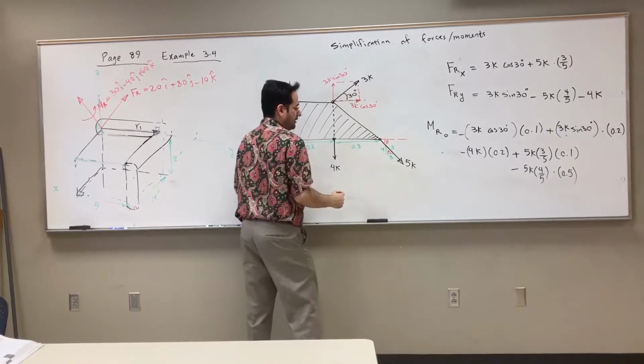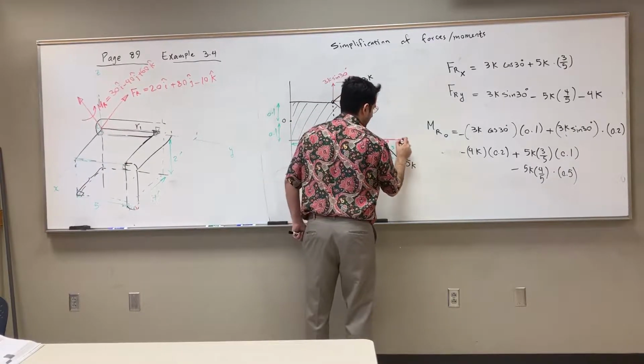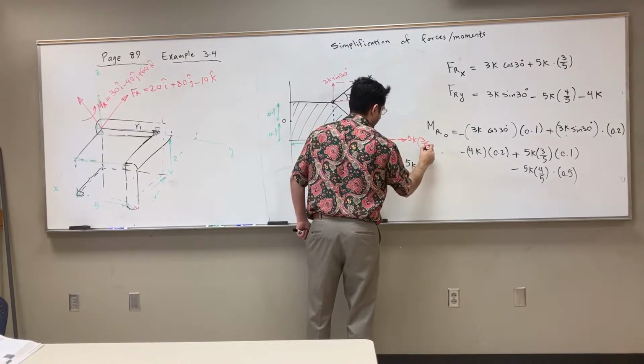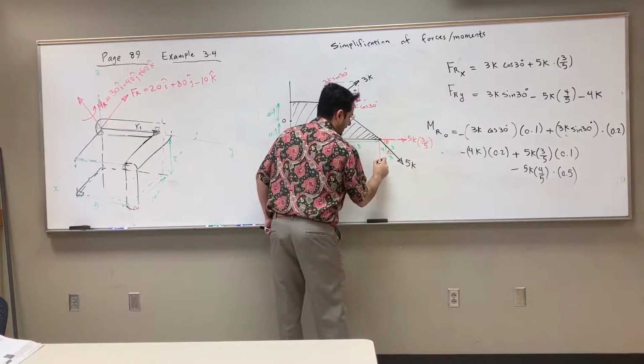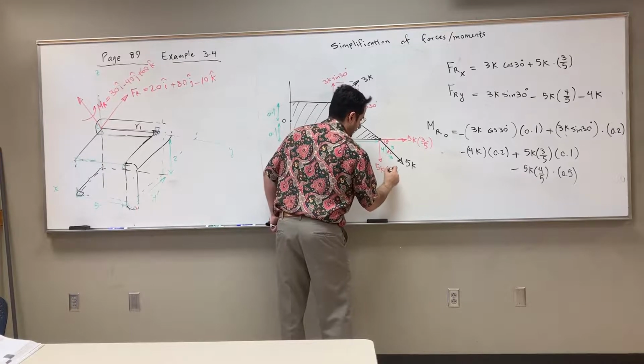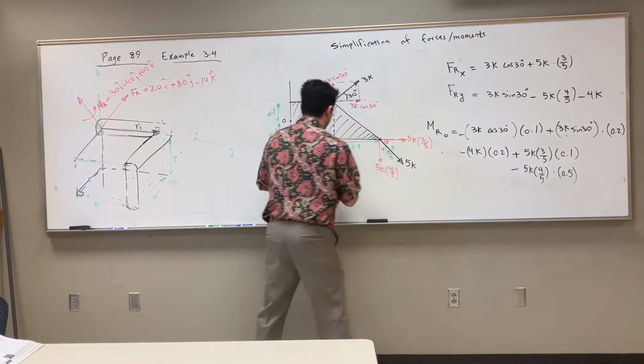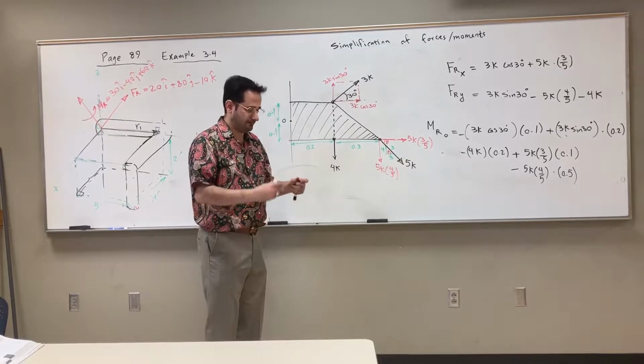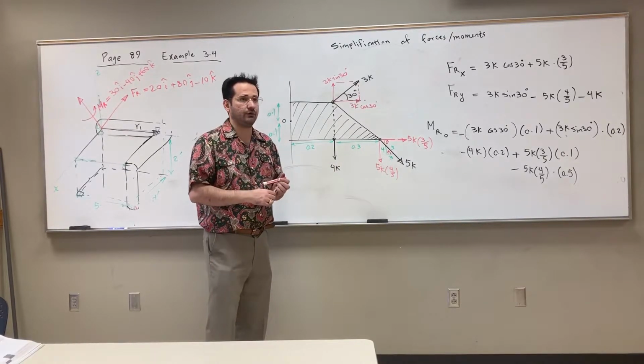Now decompose this one: that's going to be 5k times 3 over 5, and this is going to be 5k times 4 over 5. This one is already decomposed, since it's in the y direction. Now, step 2, move.